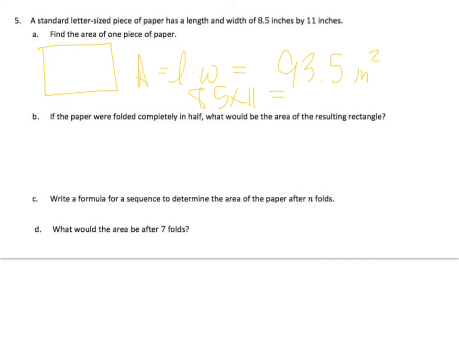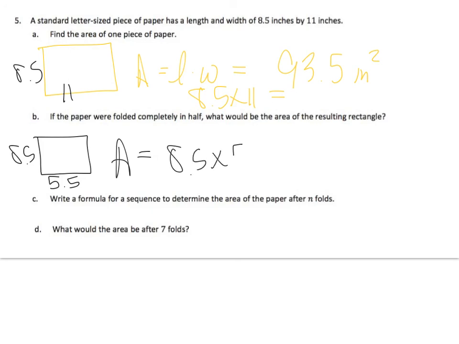If this is 8.5 by 11 and we fold it in half, we're going to have 8.5 times 5.5. So the area would be 8.5 times 5.5, which is 46.75 inches squared.